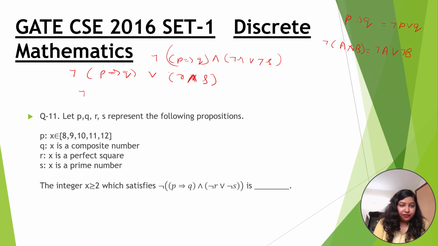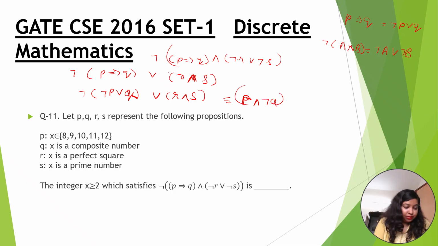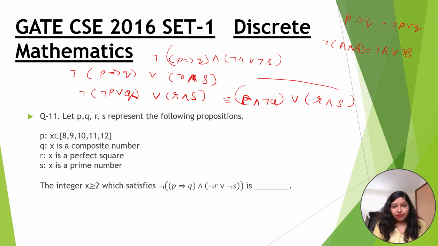We have already simplified the upper part, so this becomes P and not Q, and R and S. So this was our first step; we have just rewritten our expression like this. Now analyze both parts.